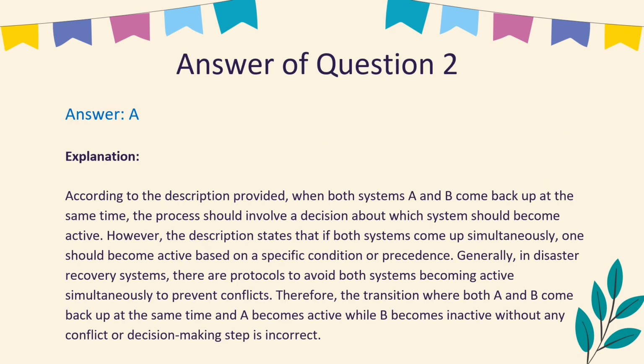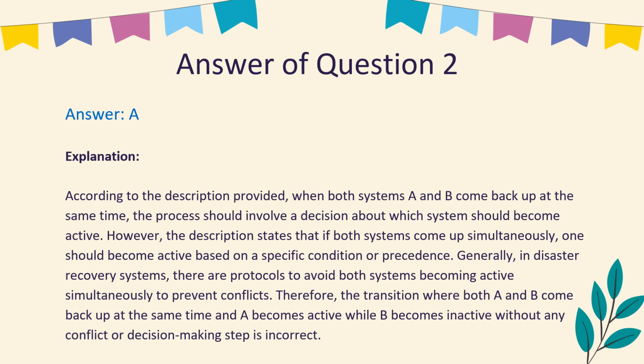The correct answer is A according to the description provided. When both systems A and B come back up at the same time, the process should involve a decision about which system should become active. However, the description states that if both systems come up simultaneously, one should become active based on a specific condition or precedence.